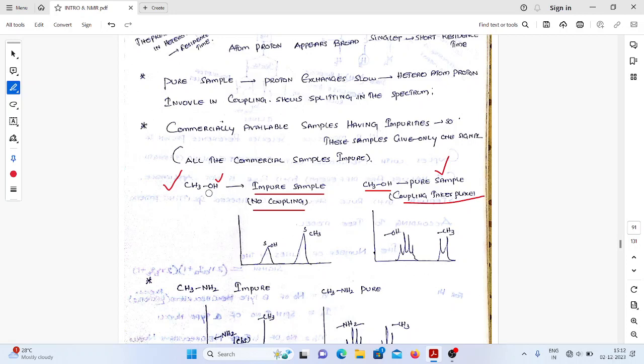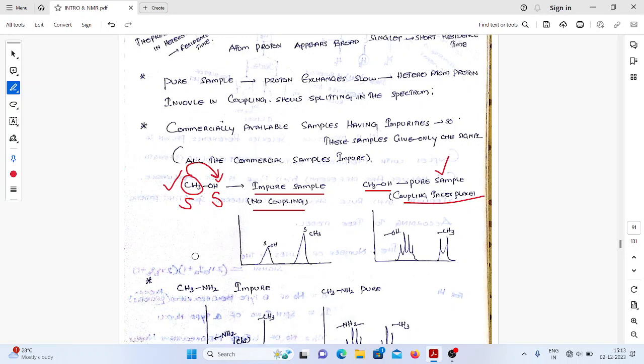Continuously, this proton is replaced by the proton of the second alcohol molecule. Thereby these three protons cannot recognize the OH proton. That's why there is no coupling between these three protons and the OH proton. That's why it will appear as a singlet and it will appear as a singlet.